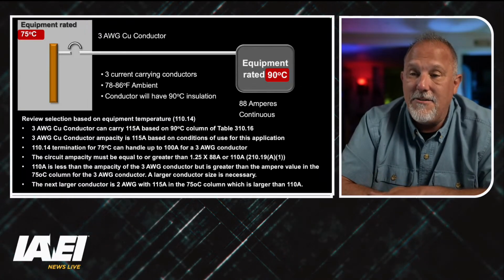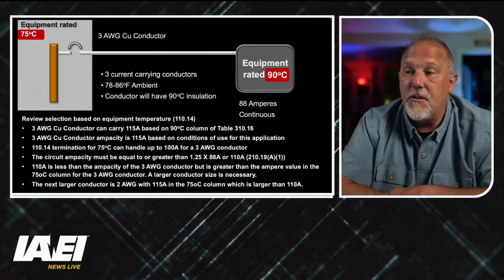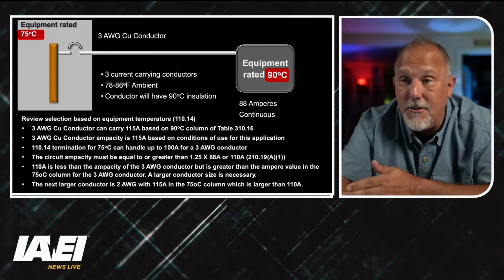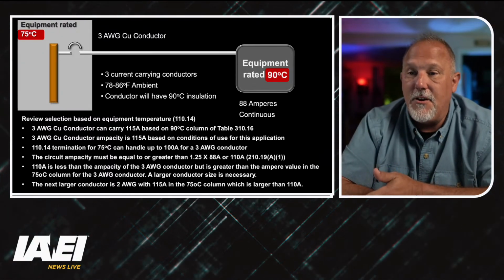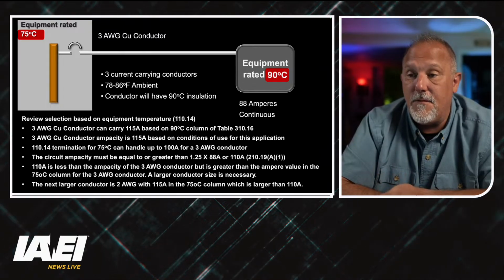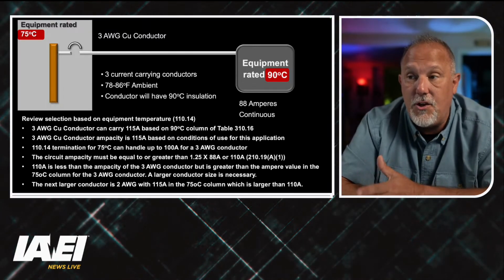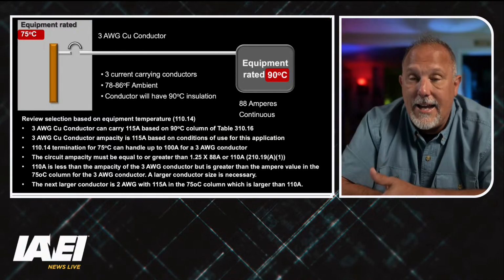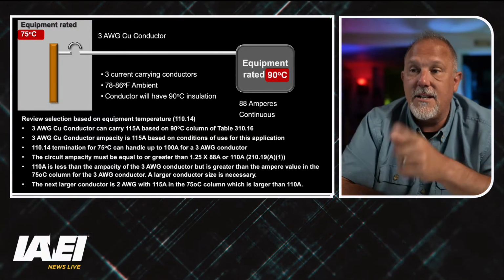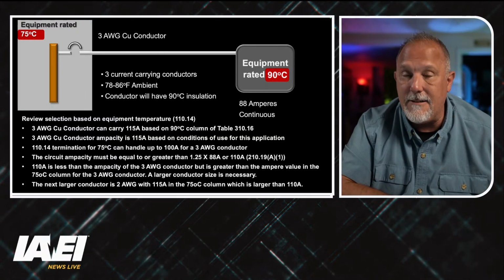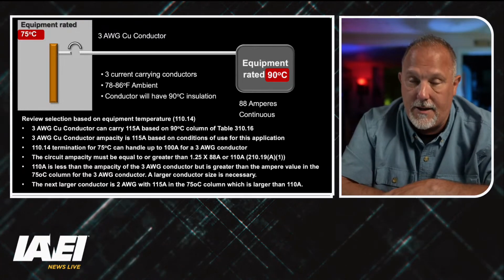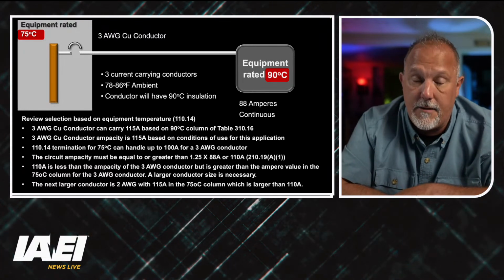My 110 amps is less than the ampacity of the 3 gauge conductor, but greater than the ampere value in the 75 degree C column. So I can't use a 3 gauge, because a 3 gauge conductor landed in 75 degree C equipment can only handle 100 amps. I need 110 amps.